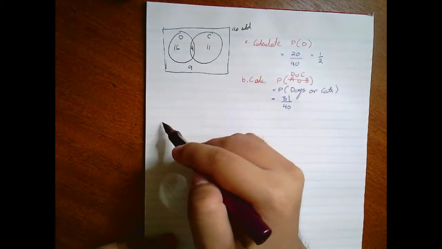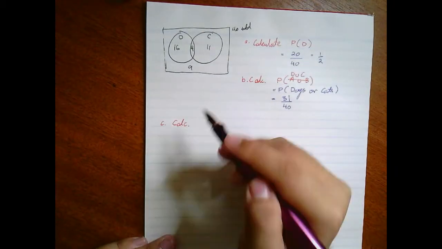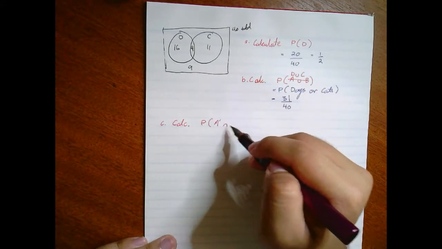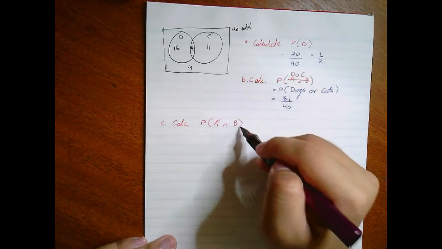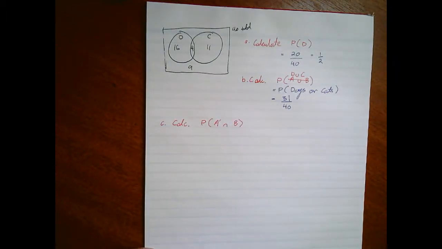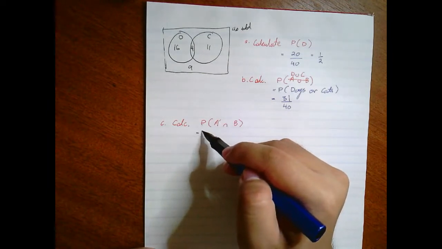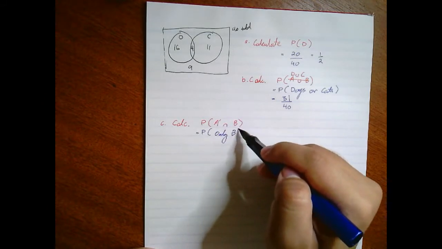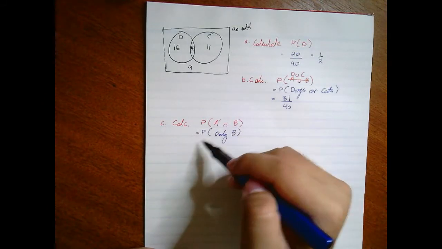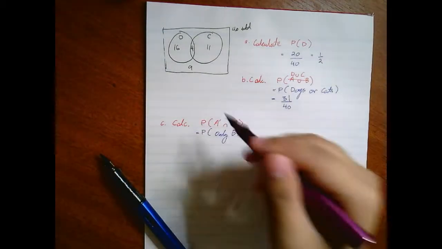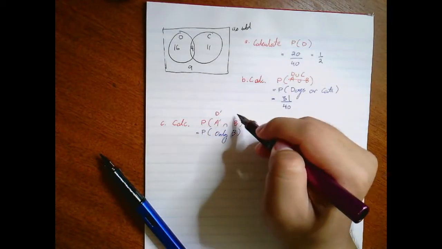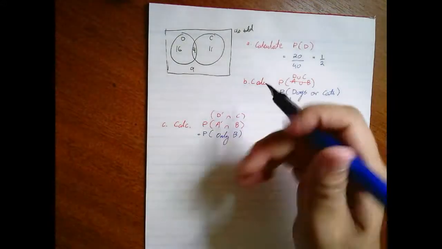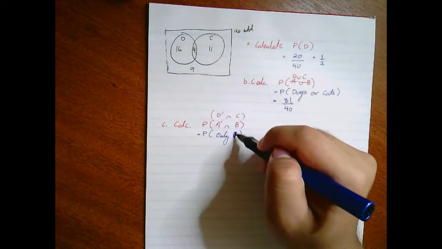So if they wanted, for example, the probability of not D intersect with C, well, we already know this one, because it's the same as the probability of only cat owners.